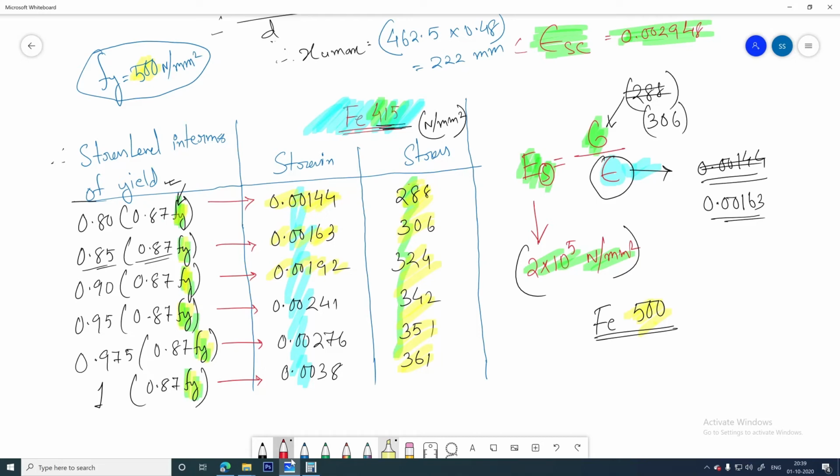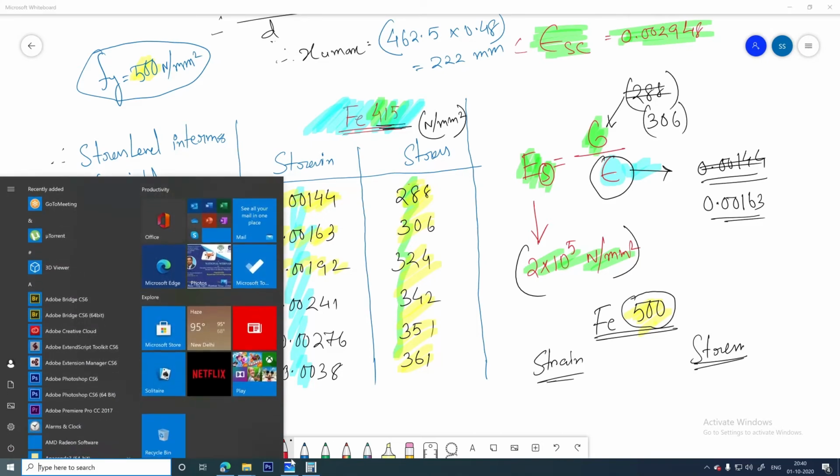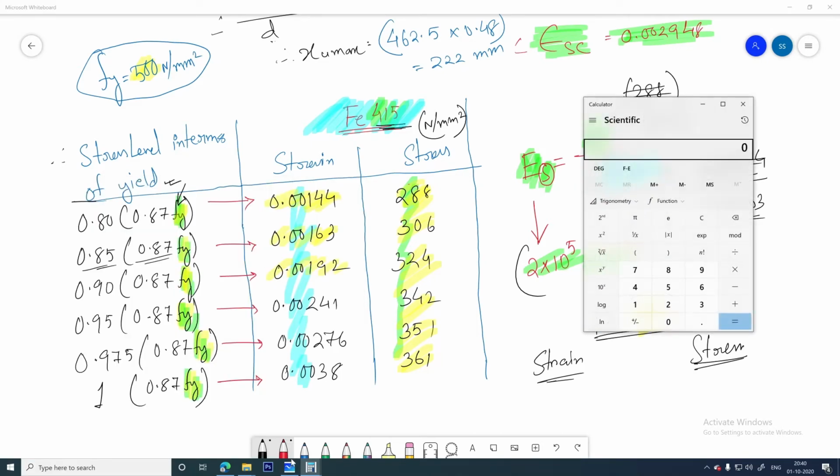Okay, if I show you one single value, suppose for Fe500 the strain and the stress, if you need to determine, you put Fy equals 500. If you put it over here, you will get a different value. Let us determine one. Determine the stress.